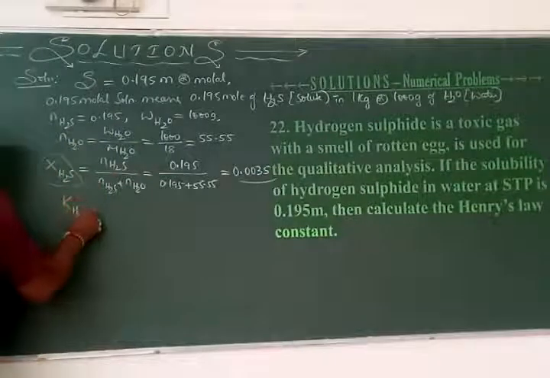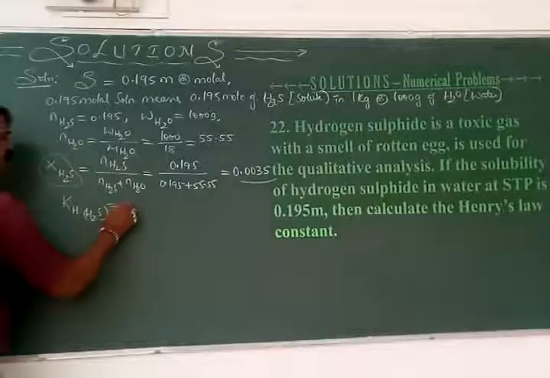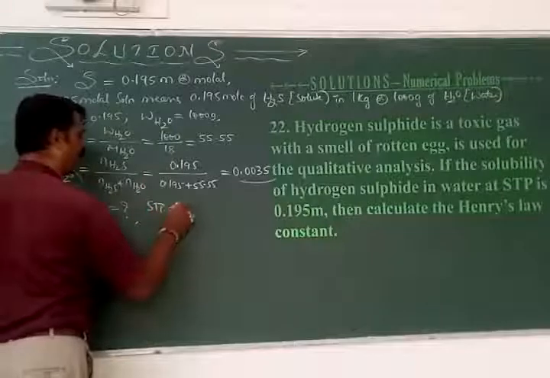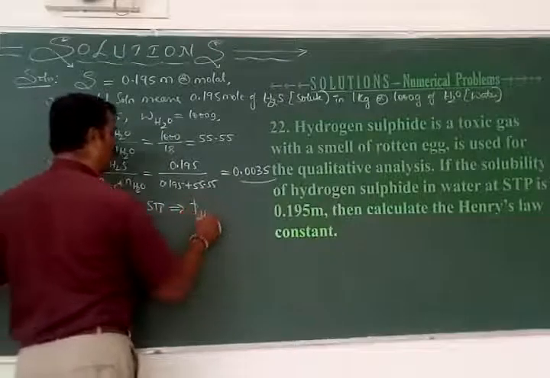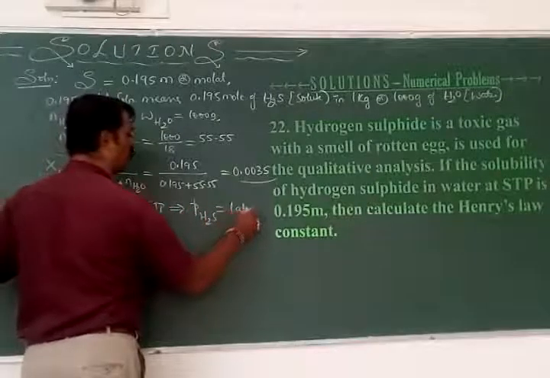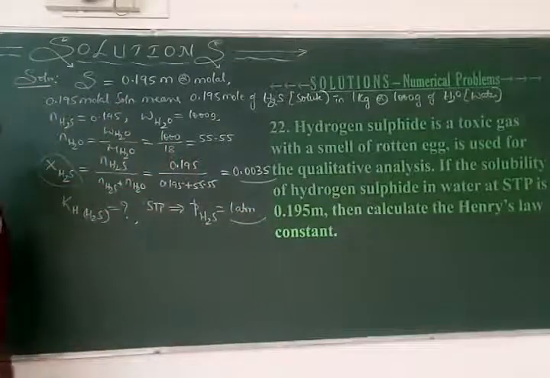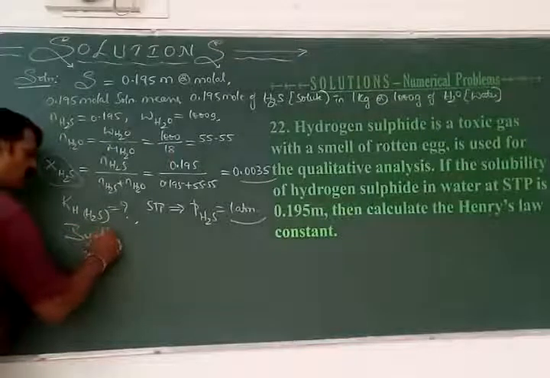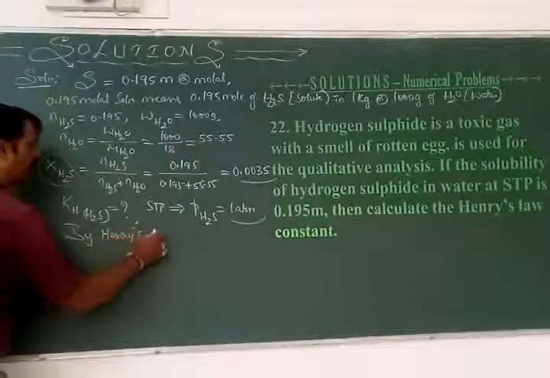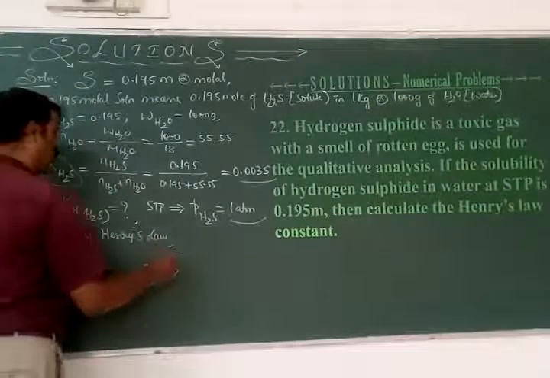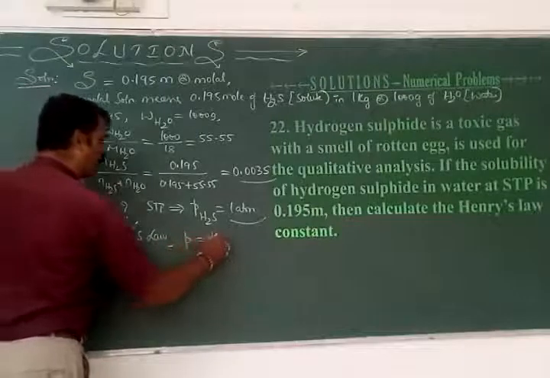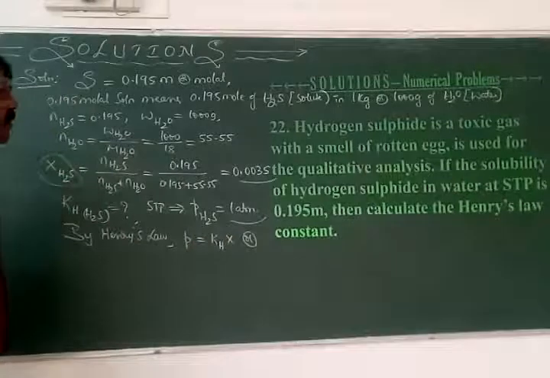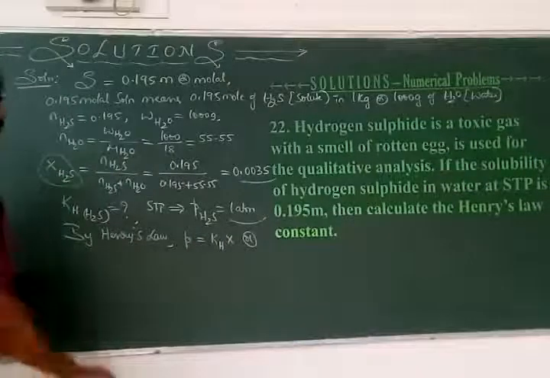We have to find out the KH for H2S. Here, STP means the pressure of hydrogen sulfide is 1 atmosphere. By which law? Henry's law. P is equal to KH into X. What I need actually is to calculate the Henry's law constant.